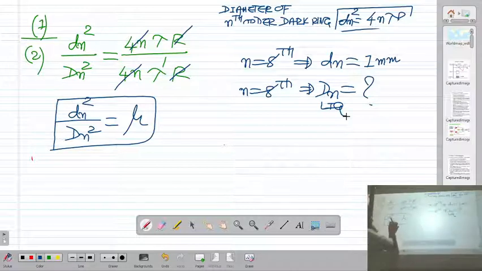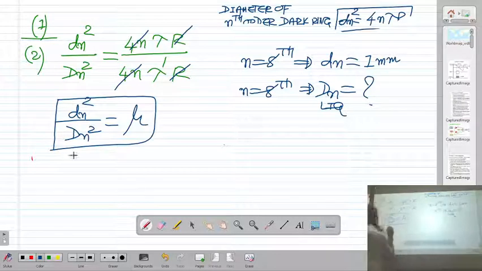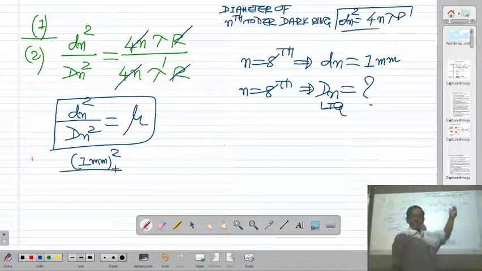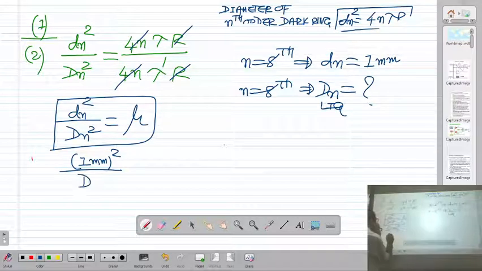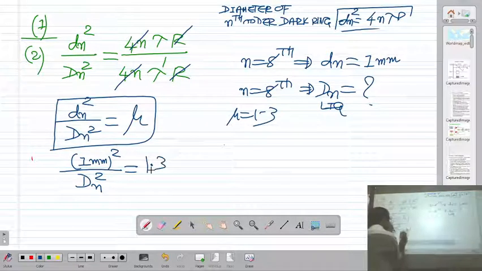So 1 mm square upon capital Dn square is equal to the refractive index of the liquid, which is given as 1.3.